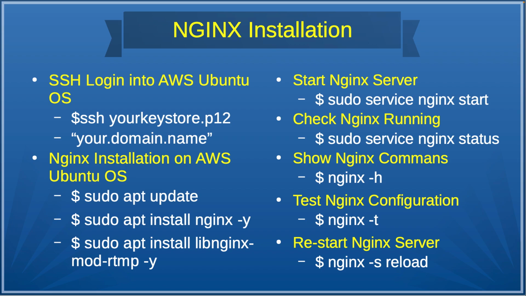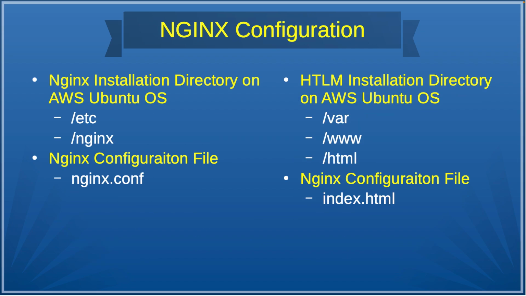And then you can start the NGINX server by this command, sudo service nginx start, and then you can check the nginx running status, sudo service nginx status. And the other command is, when you configure your nginx configuration file, you need to test with nginx -t, and then you need to reload the nginx server.